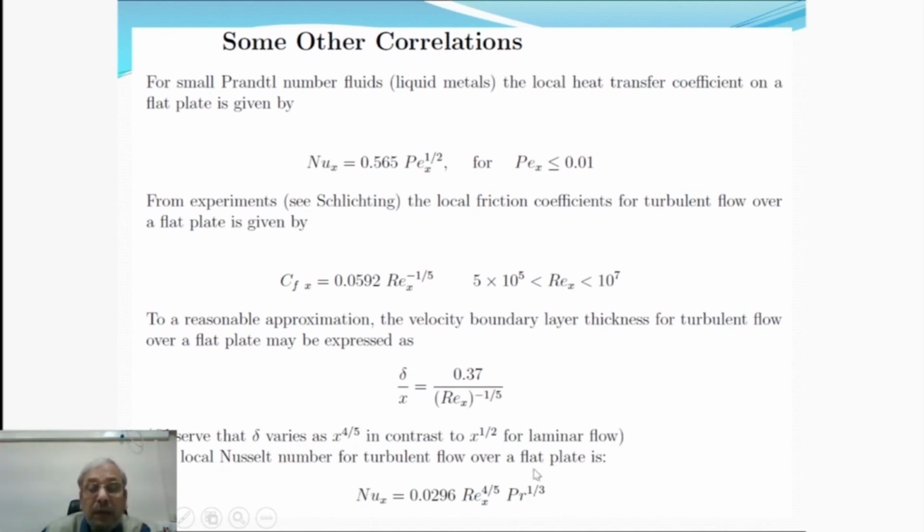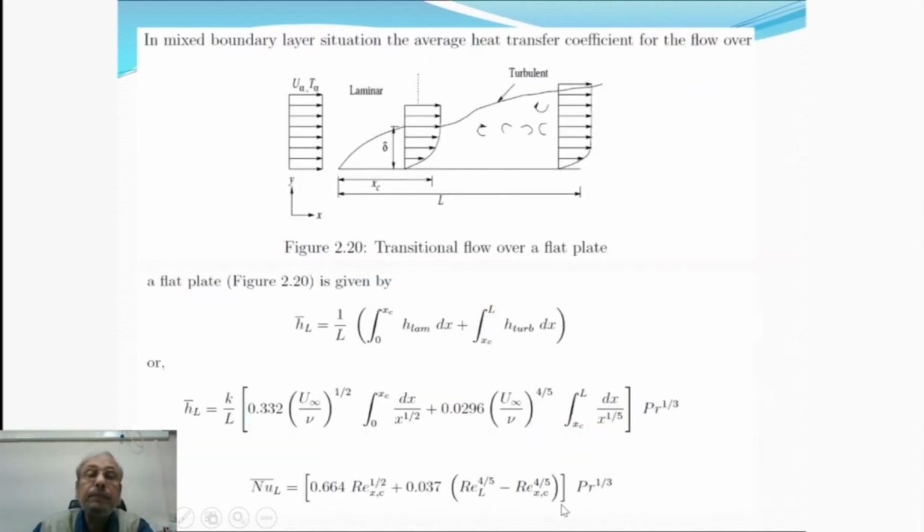If you recall, for laminar flow it was 0.332 Rex to the power half, Prandtl number to the power 1/3. Here it is Rex to the power 4/5 and Prandtl number to the power 1/3.